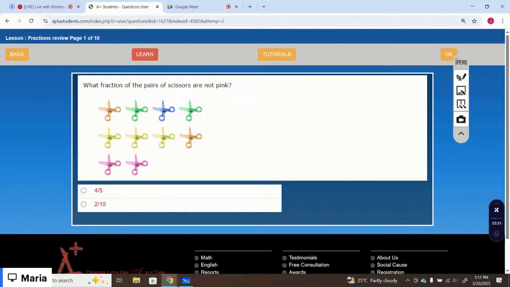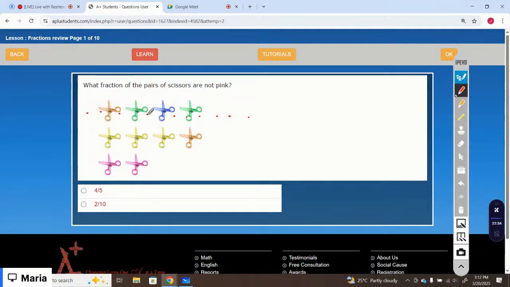What fraction of the pairs of shoes are not pink? Not pink. So I think 8 of them are, 1, 2, 3, 4, 5, 6, 7, 8. They all are the ones that are not pink. So that is 8 out of 10. And you write the answer in simplified form. Divide them by the greatest common number that can divide both. So that is 2.